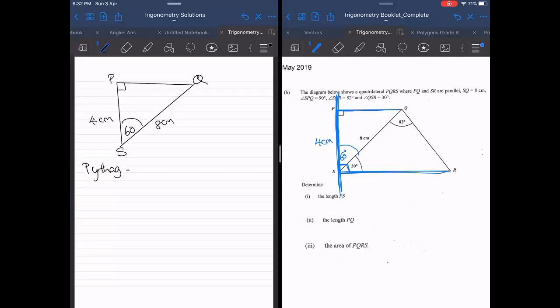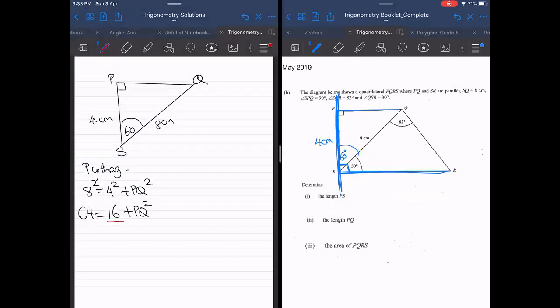Then we would have that 8 squared is equal to 4 squared plus PQ squared. Because remember, the hypotenuse squared is equal to the sum of the other two sides squared. So 64 is equal to 16 plus PQ squared.